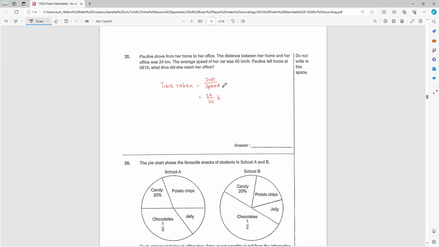If you want to find the time, draw the timeline, maybe let's convert to minutes. To change to minutes, multiply by 60, you get 24. Then we do timeline. 24 minutes. This is 8:39. So in 24-hour clock, 0839.